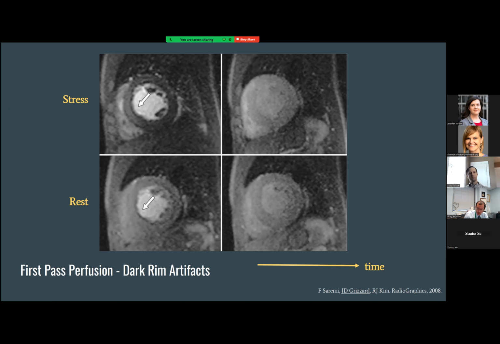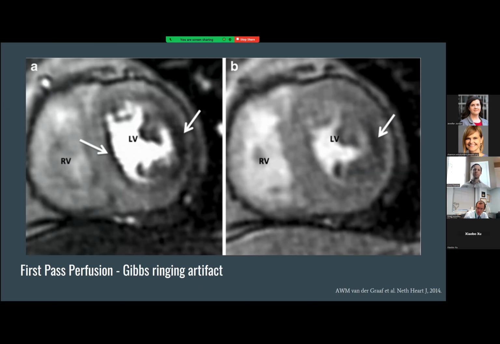And you can see on the next slide, we've got a case with the Gibbs ringing artifact here. On the left-hand side, in our septal wall, we have a Gibbs ringing artifact. But in the lateral wall, we have a true subendocardial perfusion defect. And so you can appreciate that these things are both occurring at the subendocardial wall.